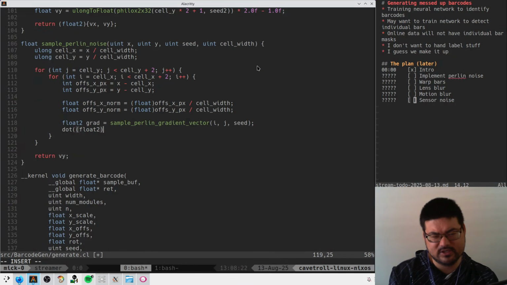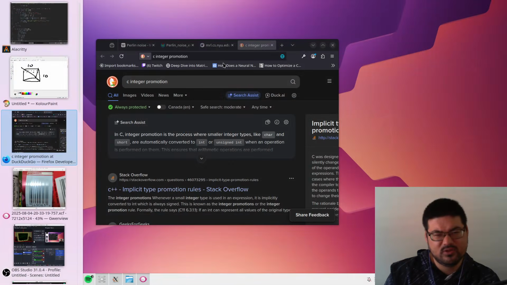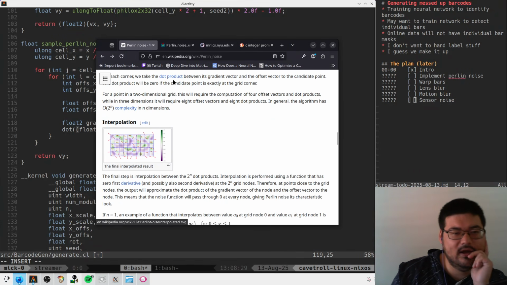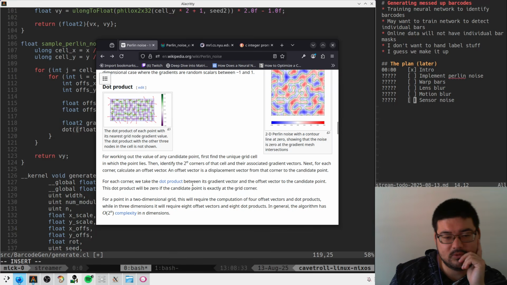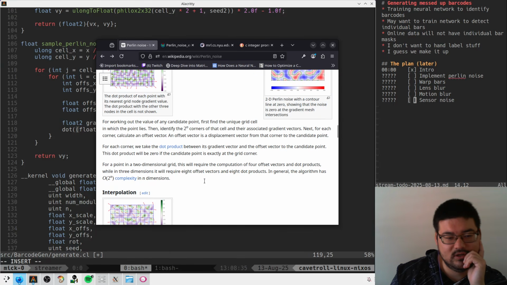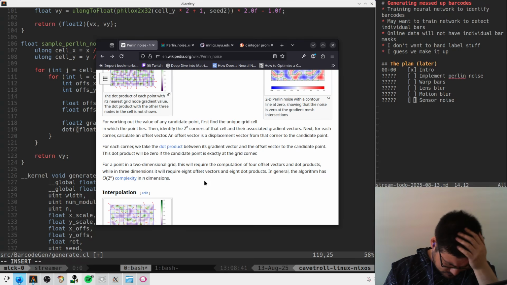Is it us onto them or them onto us? Does it matter? It's probably us onto them. We take the dot product between its gradient vector and the offset vector. Is it the same? Am I stupid?